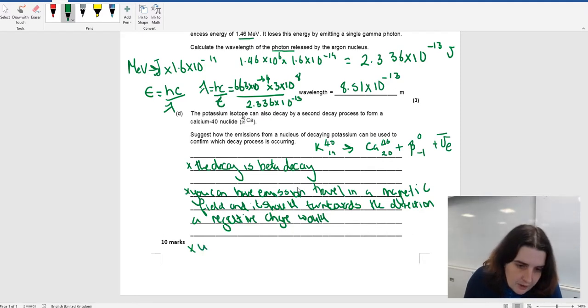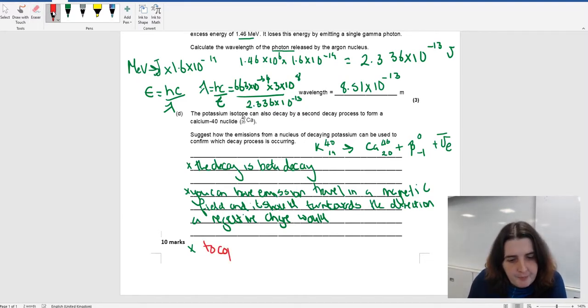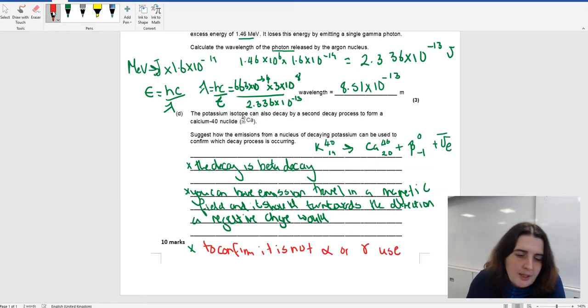So using that way of doing this to confirm it is not alpha or gamma, use paper to stop.